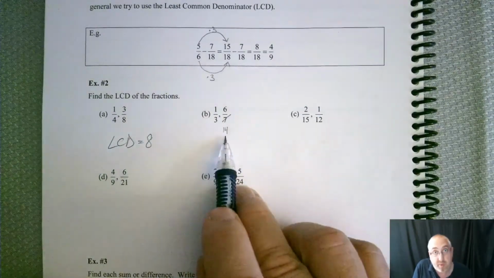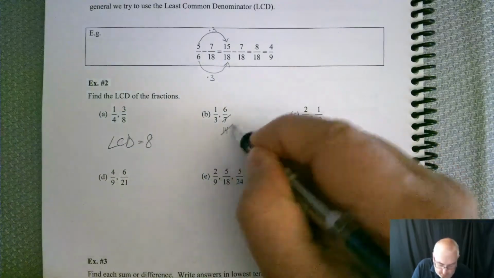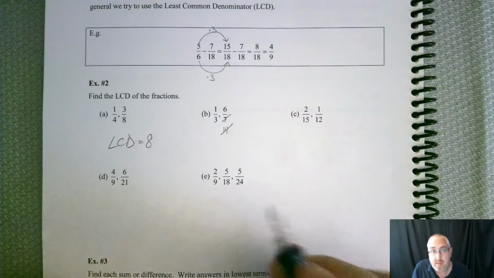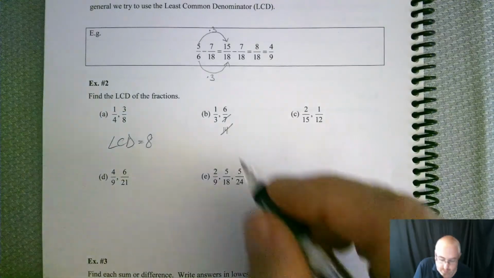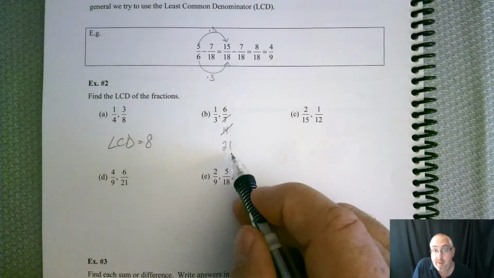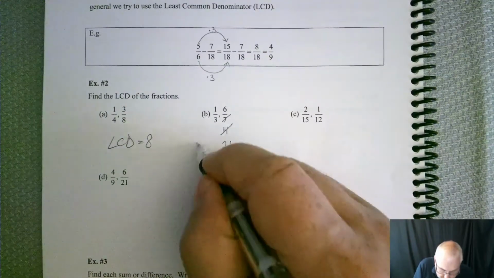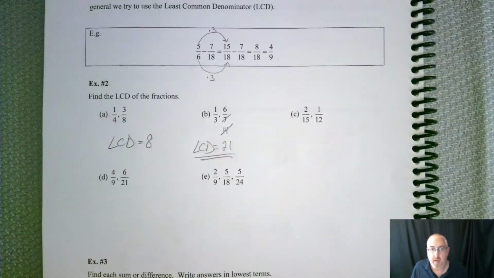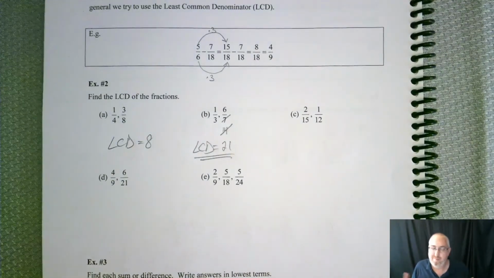Does 3 go into 14? Nope. So what's the next multiple after that? So 7, 14, then 21. Does 3 go into 21? Ding, ding, ding. It does. So that is your LCD.